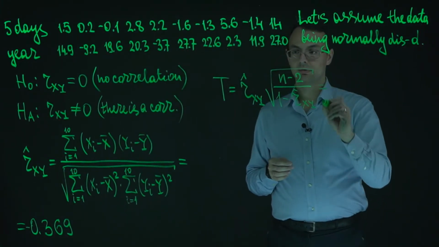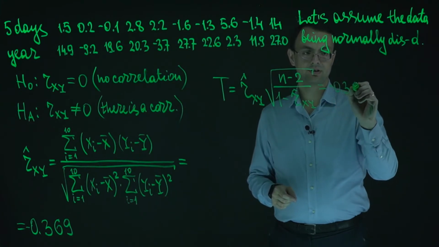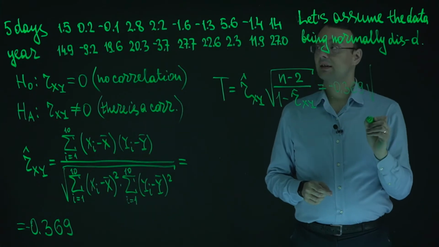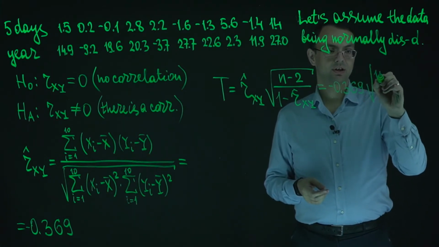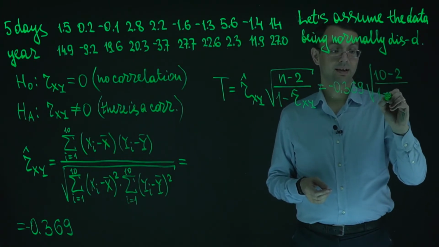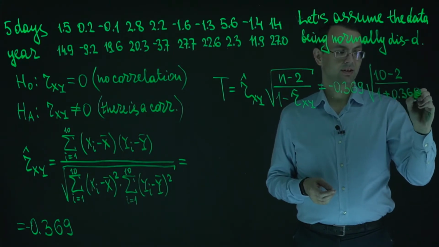So in our case that is minus 0.369 times the square root of n minus 2, where n is 10, we have 10 observations, so 10 minus 2, divided by 1 plus 0.369 squared.